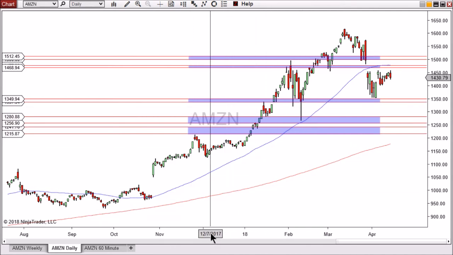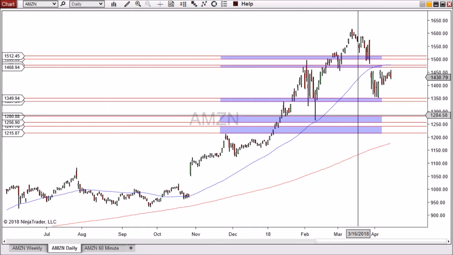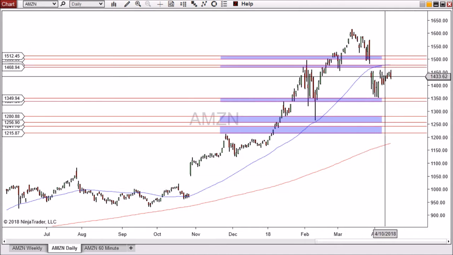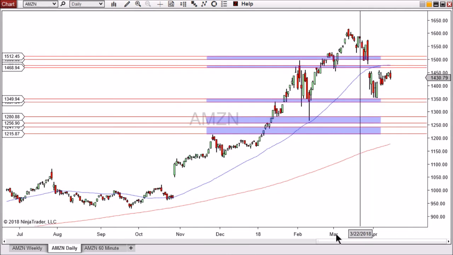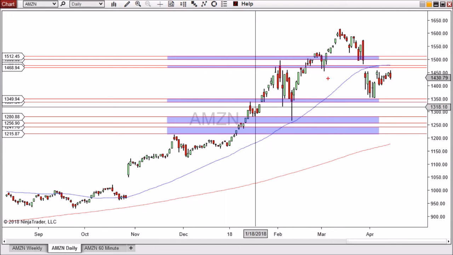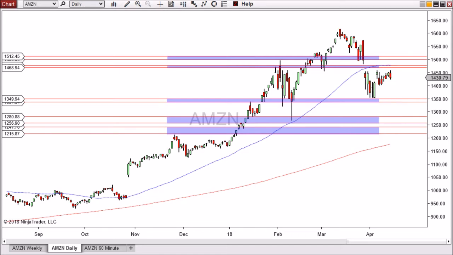In the intermediate trend, it has flattened out a little bit. You can see that it is flattened out, and we're looking to see if it's going to come down, take out this low here, and then essentially get a series of lower highs, lower lows. Then that puts this February low in play, and also this zone in play.